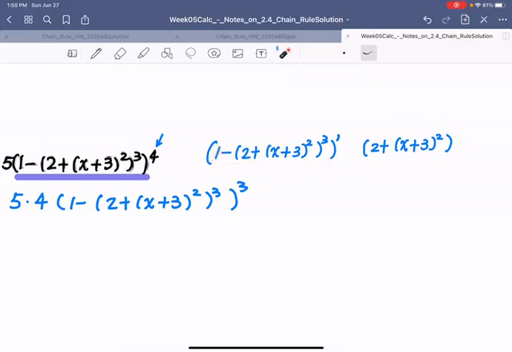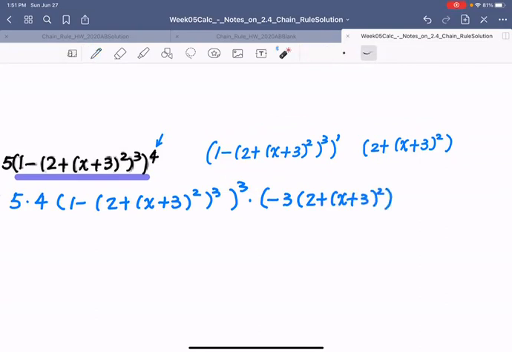And then you are going to put negative. This is 3, so you put 3 here. And then you are going to do 2 plus x plus 3 squared.